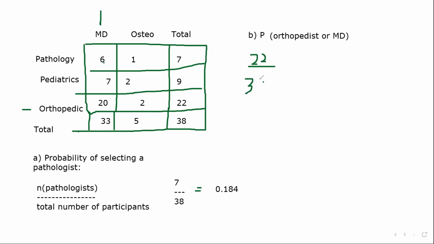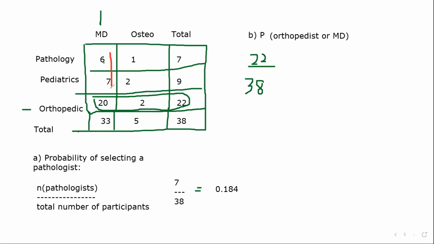Okay, because on the answer key, it's different. It says it's 35 over 38. I'm not done yet. Because when I count my orthopedists, there's 22 of them, right? But you have to think, did I count somebody twice? Watch. So here's my orthopedist, right? And then I count my MDs here.